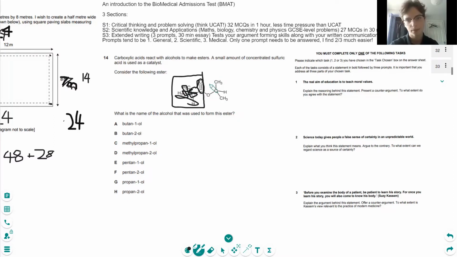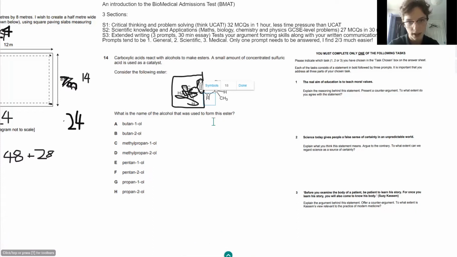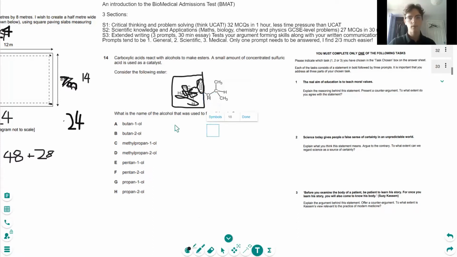What's left over is our alcohol side. And what I'm going to do is stick a hydrogen on the end of my alcohol to make it a little bit easier to recognize. Now, all we have to do is identify this alcohol.